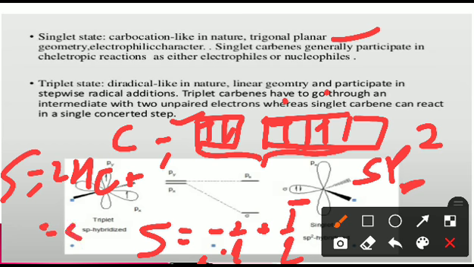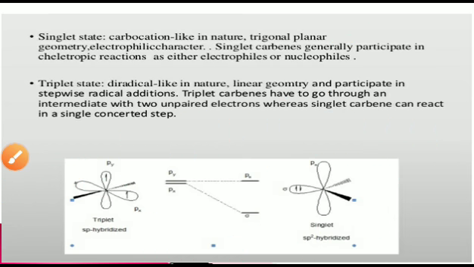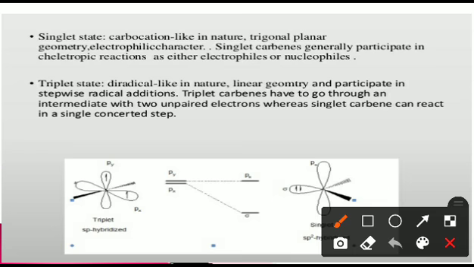What happens here? Why does it show a singlet? Because there are 2 electrons in opposite spin.